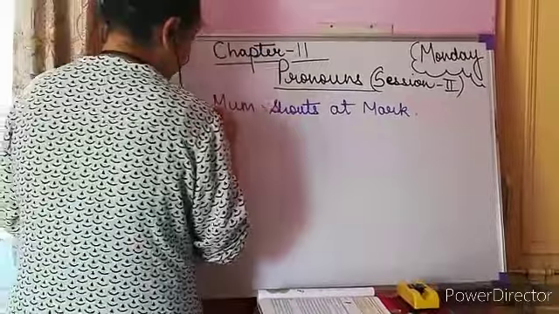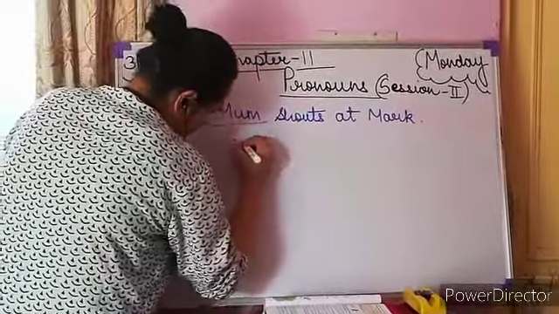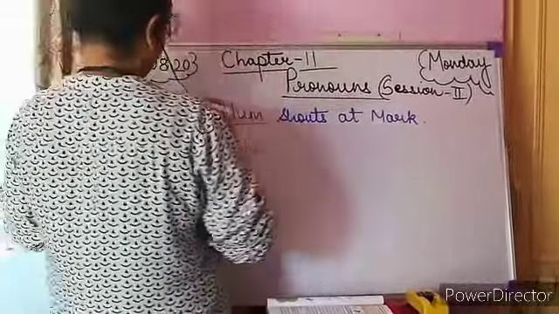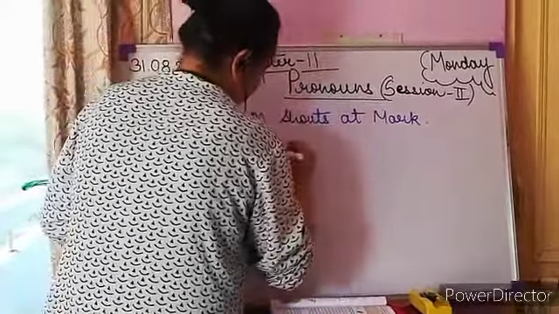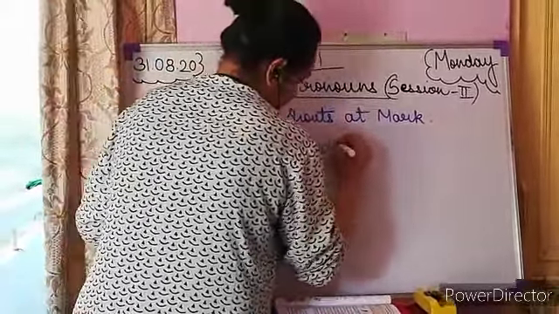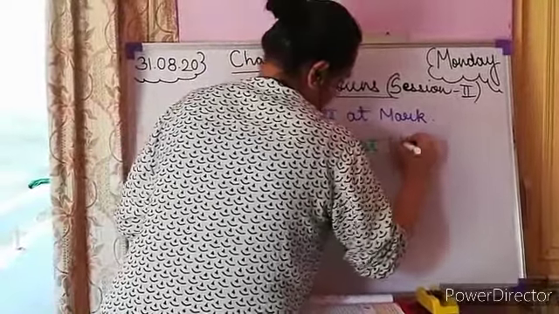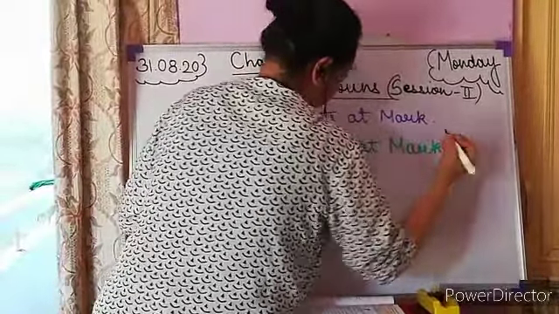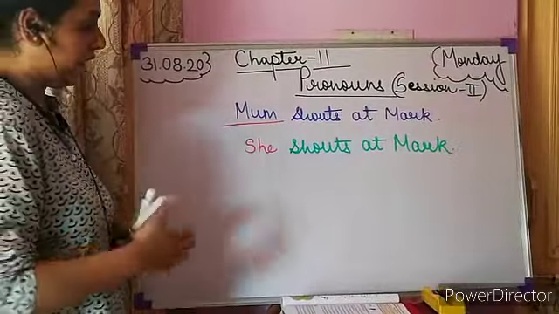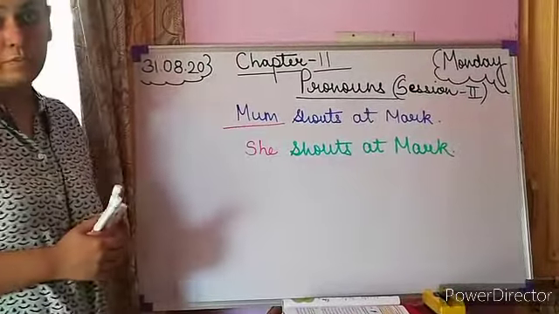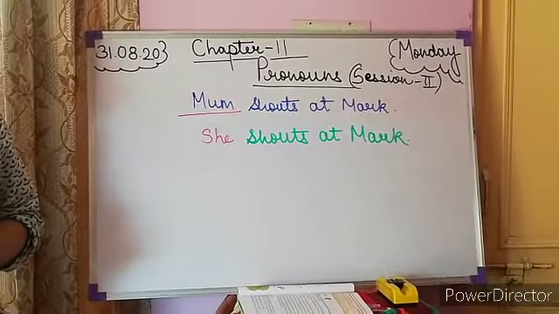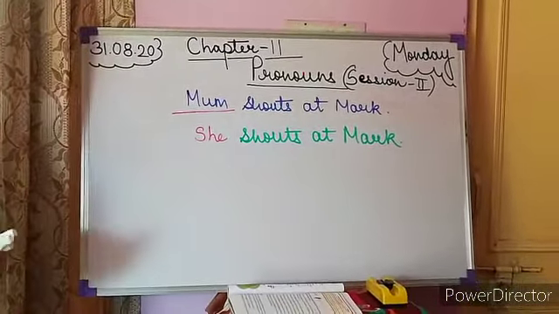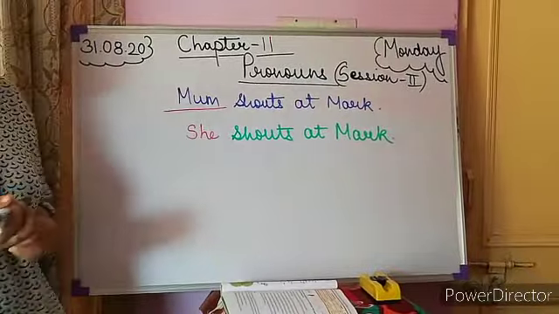So we can replace this noun mum with she and we can copy down the same sentence. She shouts at Mark. So children, here this she is used for Mark's mother, or you can say in place of mum.